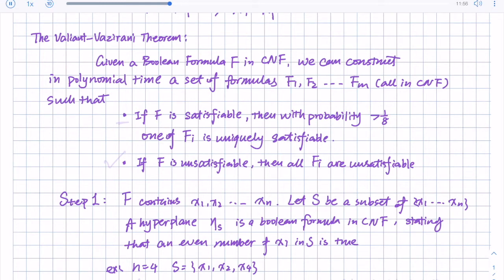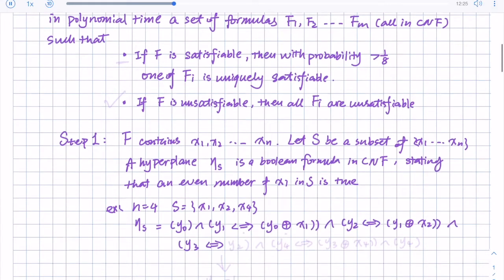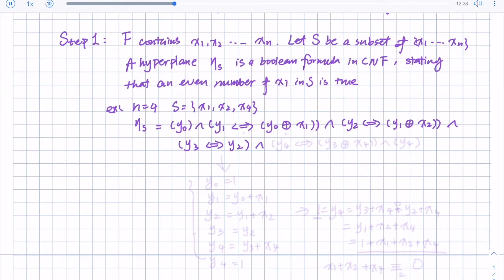So we build eta S as y0 and (x1 double implication y0 XOR x1) and (y2 implies x2), then y3 and y4.